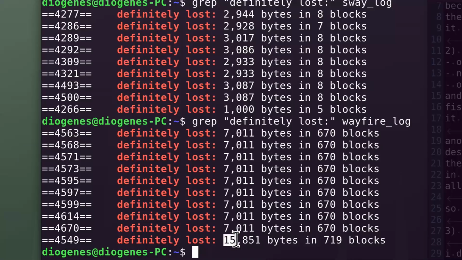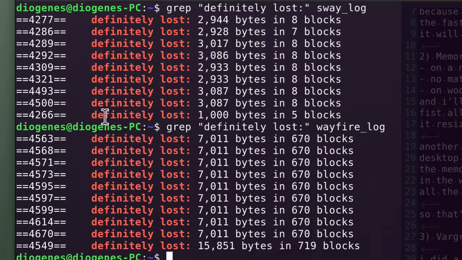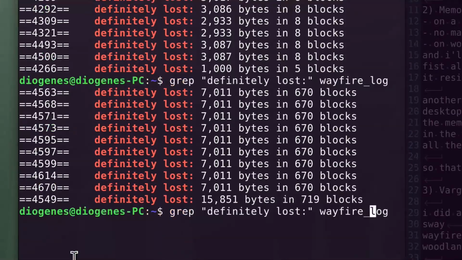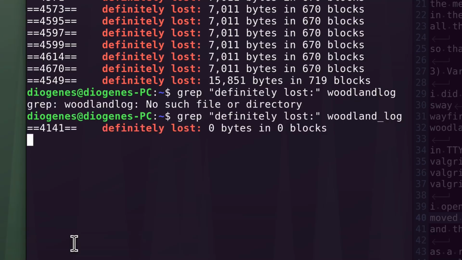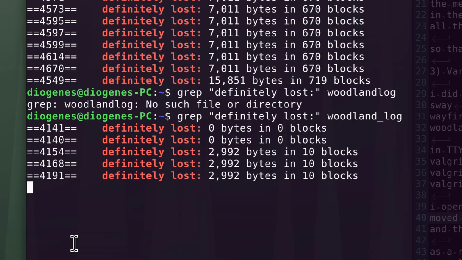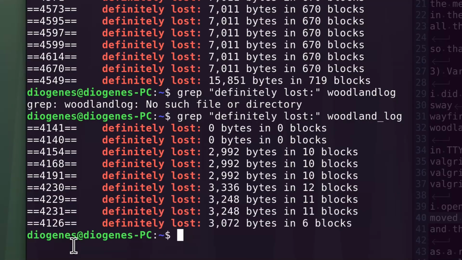Also, the amount of bytes lost is larger and the blocks are considerably larger. Now let's have a look at my Woodland logs. As we can see, my Woodland log has 9 occurrences of definitely lost, the same as Sway.